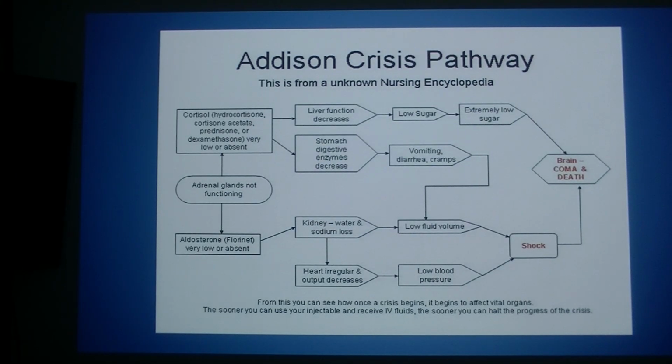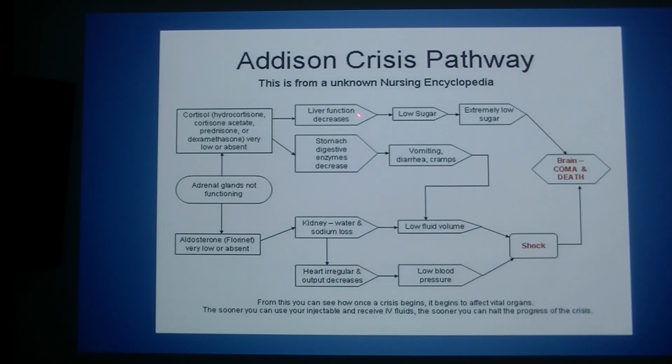This is the Addison's crisis pathway, and when you look at it, you'll notice one thing. All pathways lead to shock, brain, and coma death. So here you start out with some type of dysregulation, whether it be cortisol dysregulation, adrenal glands not functioning, or aldosterone not functioning.